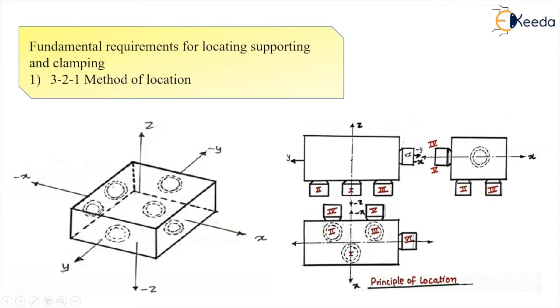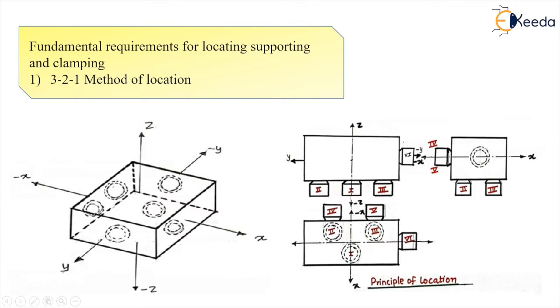The movement along the negative x direction is arrested because of these two pins. Also, the object cannot be rotated along the z direction because of these two pins, in clockwise as well as anti-clockwise direction.